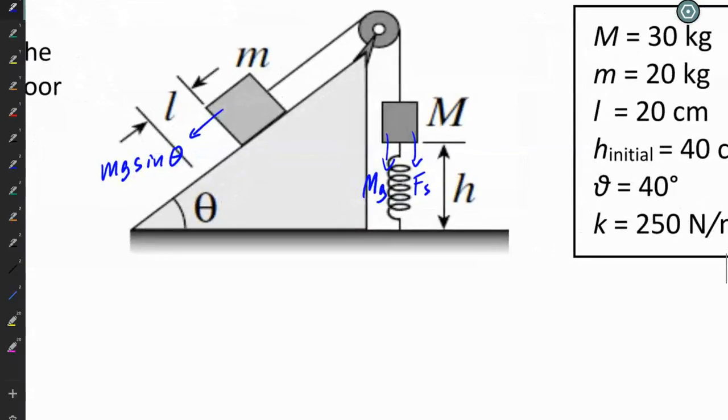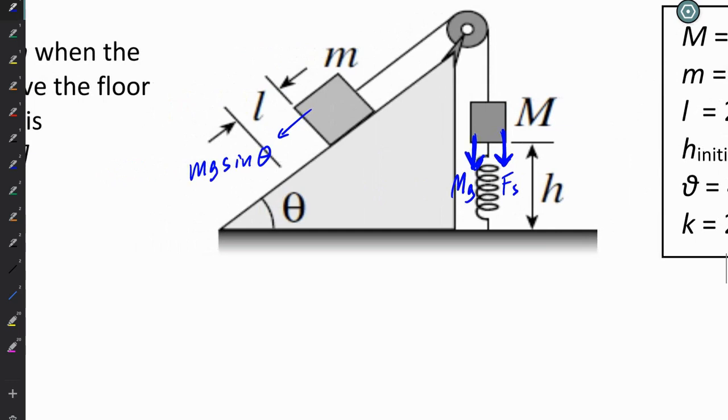On the large mass, we've got its weight acting downward, and we've got a spring force acting downward. So we've got two forces there. And on this small mass, we've got one force acting in the opposite direction, down the incline to the left, and that is the parallel component of its weight.